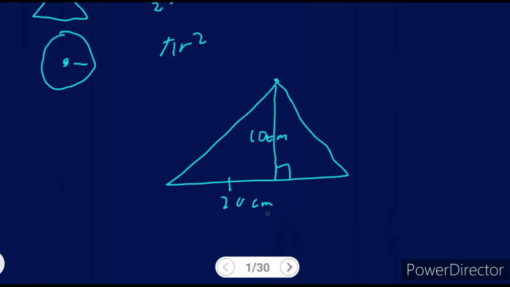The area of a triangle is half of the base times the height. So half of the base, which is 20, times the height, which is 10. Or if you want, half of 20 is 10, and 10 times 10 is 100. So it's 100 centimeters squared. It is very simple.